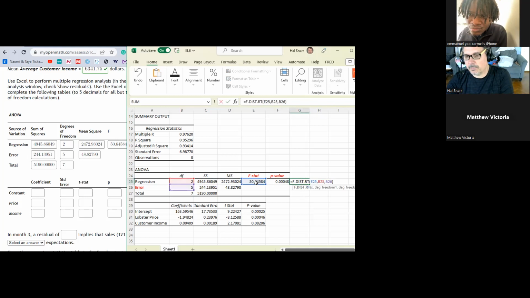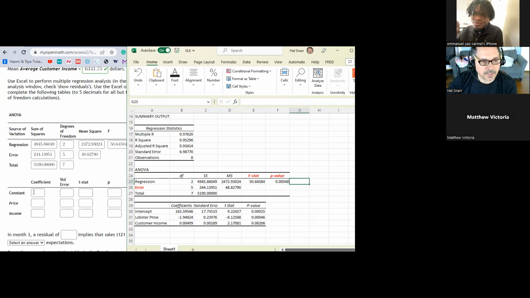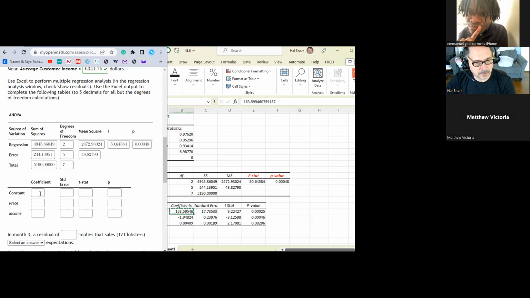It's the probability of being greater than this number. So that's the F statistic, that's the numerator degrees of freedom, and this is the denominator degrees of freedom. All right, so we got to type these numbers in. We got to copy these numbers in.